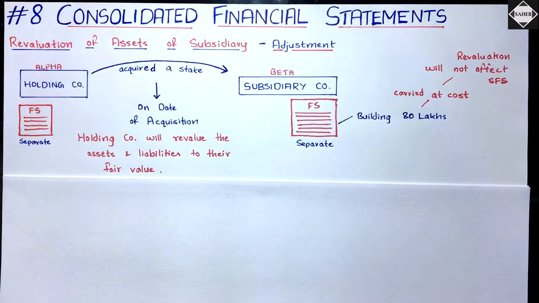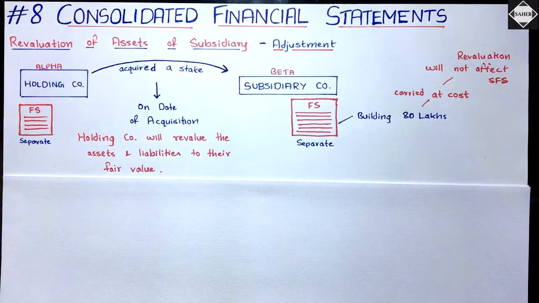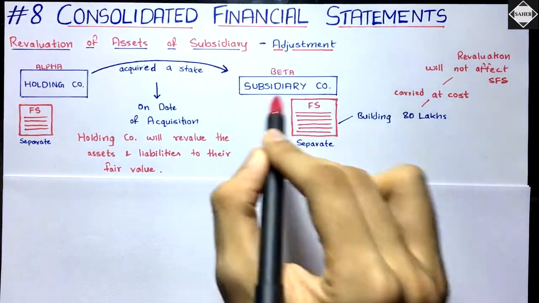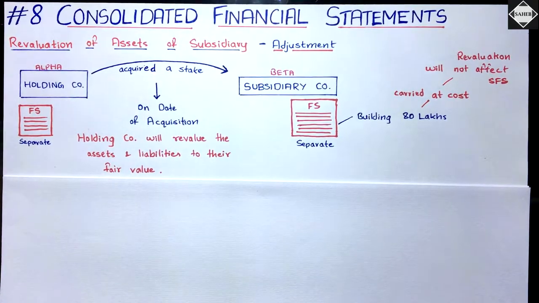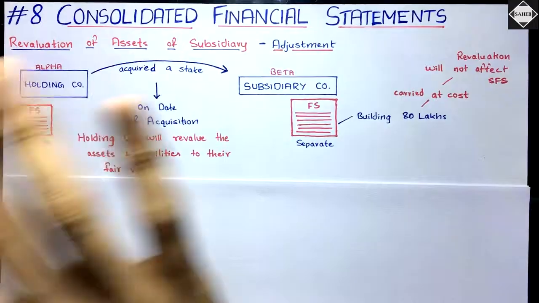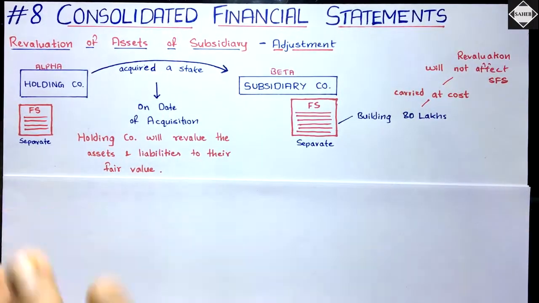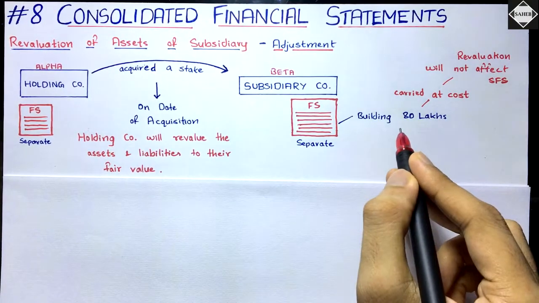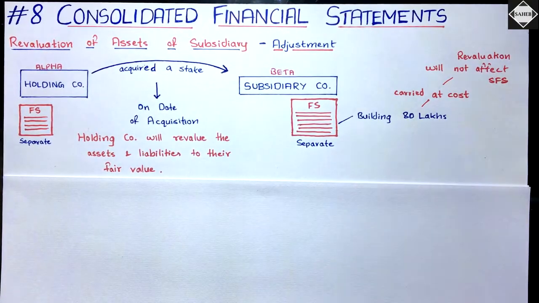So the next question is, if the revaluation is done on the assets and liabilities of the subsidiary company, is it going to affect the separate financial statement of the subsidiary company? No, it will not. The assets and liabilities will still be carried at book value only, under the cost model less depreciation.